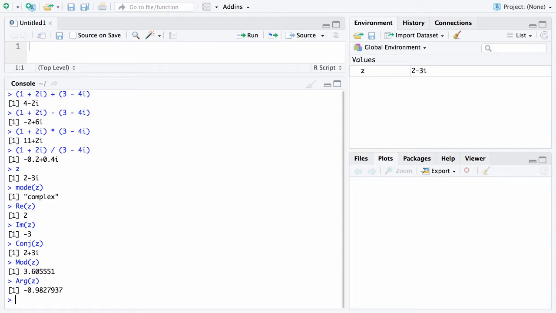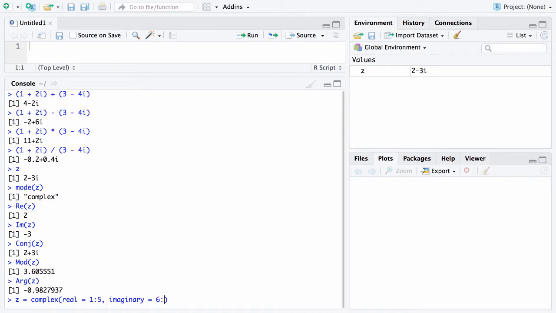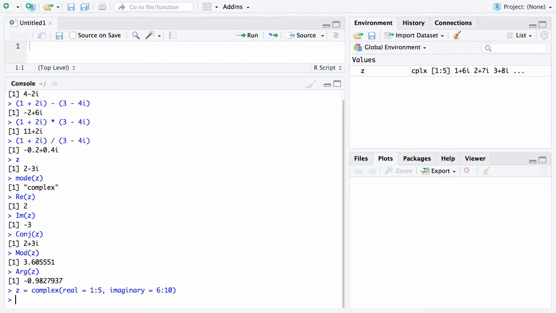One last thing, it is possible for you to set these up not only as individual numbers, you can also set them up, for example, as a vector or a matrix. Let's just try a vector for starters. You could say z is complex, and the real portion might be a vector, and let's go with the vector 1 through 5. And then the imaginary portion might be 6 through 10.